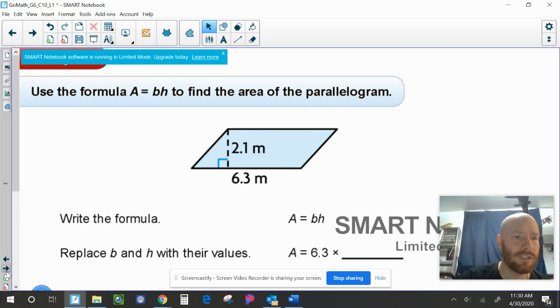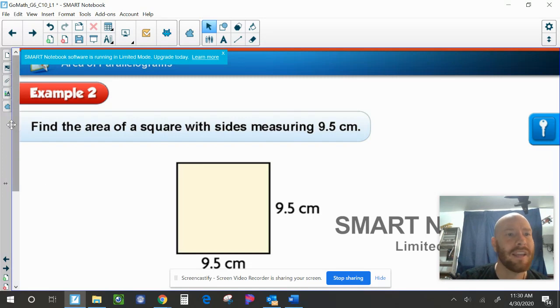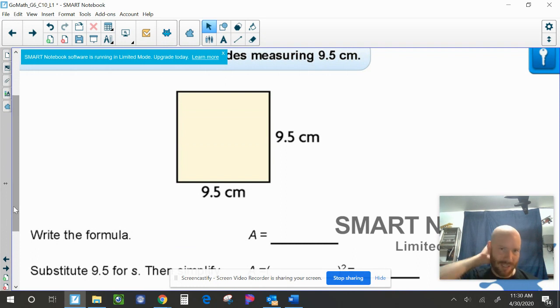Okay, let's do one more. Luckily for us, this one is a square. And what we know about squares, it doesn't give us the height. Notice it doesn't give us the height. It just says this side is 9.5 centimeters. This side is 9.5 centimeters. But in a square, all the sides are the same. So we know that the base is 9.5 and the height is 9.5. So we'll just take 9.5 times 9.5.